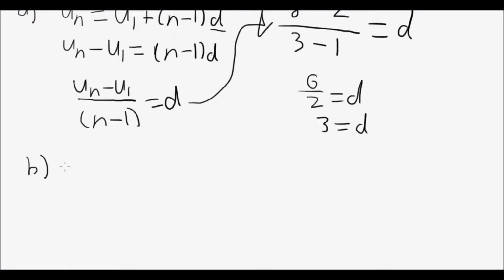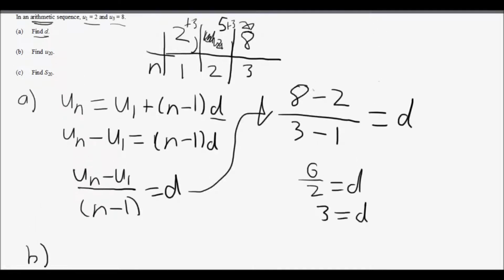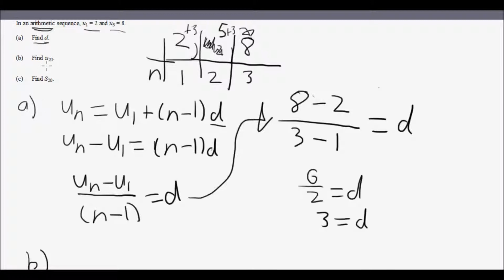Let's see what B is asking us. B is stating to find u of 20. That means if you were to carry on with our sequence here, 2, 5, 8, dot, dot, dot, it's asking what is u of 20? What's the 20th number in the sequence?